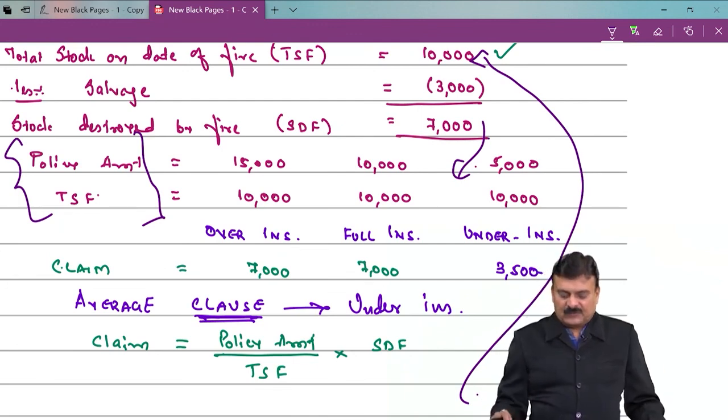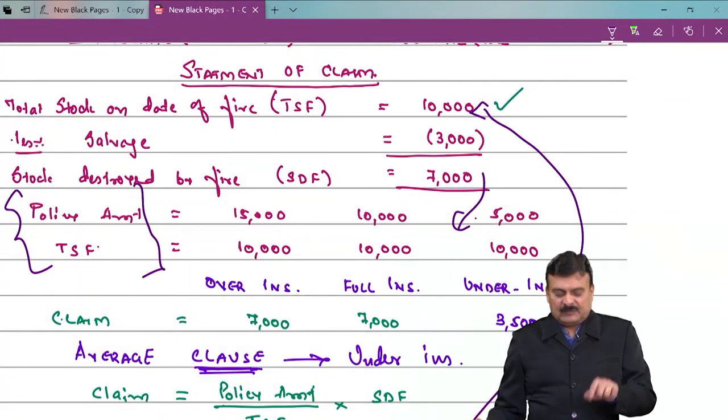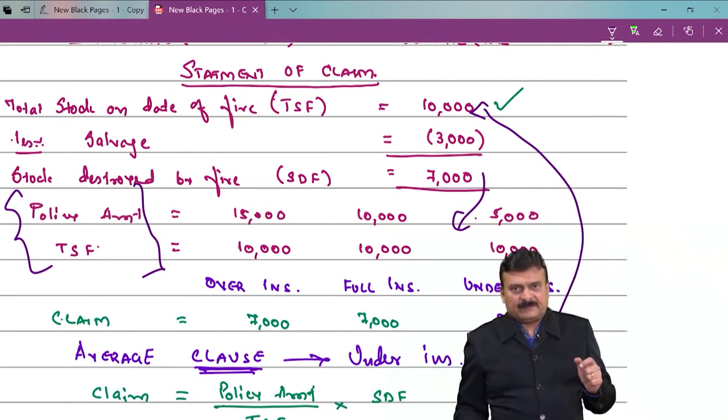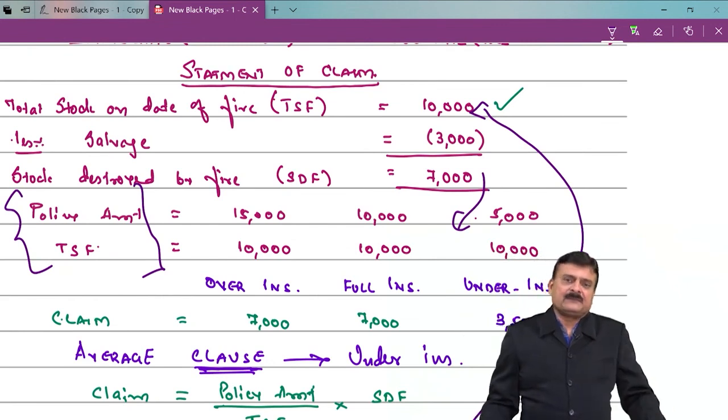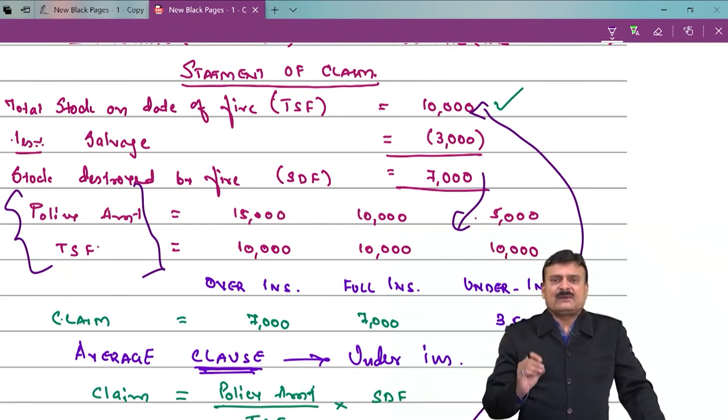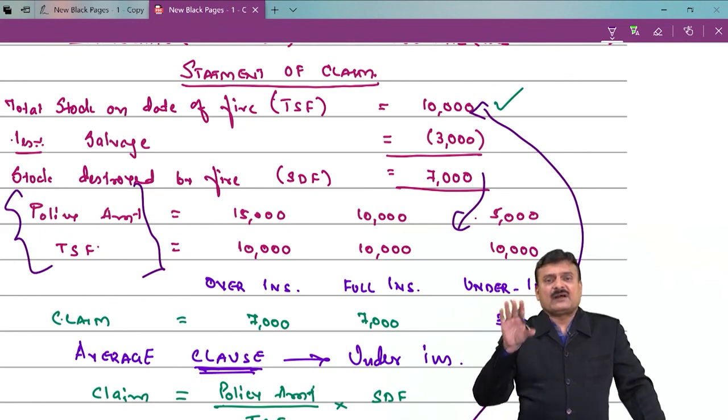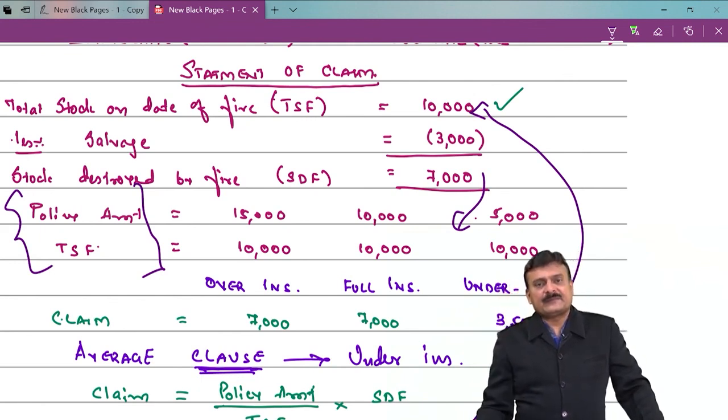One more thing. In this statement of claim, when you subtract salvage, the insurance company, as per the terms of agreement, will allow you to add in claim any legitimate expenses, any natural, logical expenses which you incurred in extinguishing the fire, in controlling the fire.